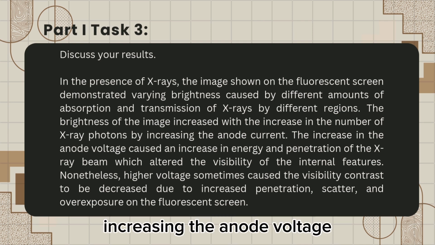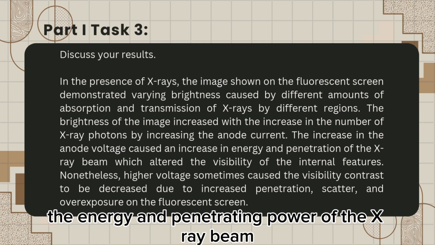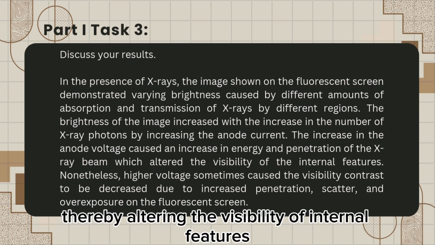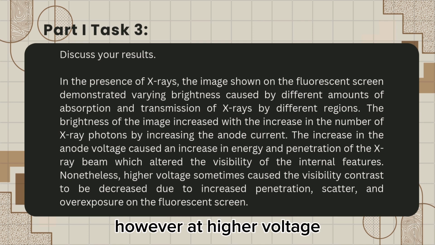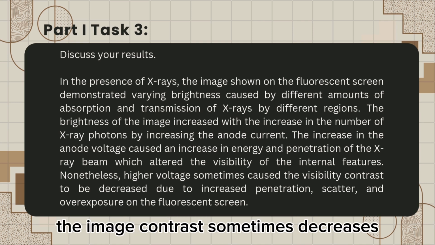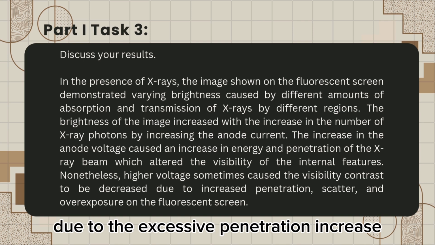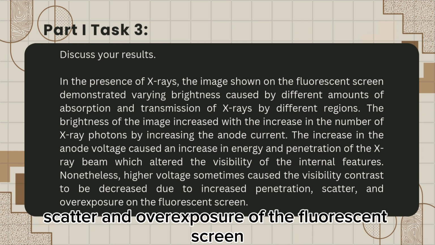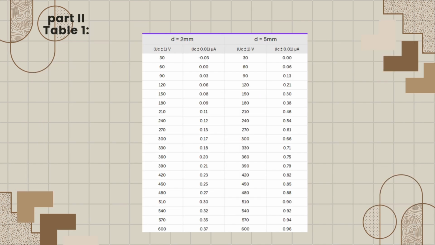Increasing the anode voltage raised the energy and penetrating power of the X-ray beam, thereby altering the visibility of internal features. However, at higher voltage, the image contrast sometimes decreased due to the excessive penetration, increased scatter, and overexposure of the fluorescent screen.